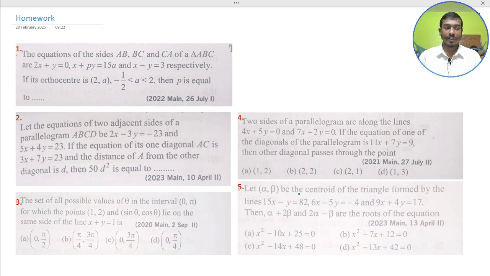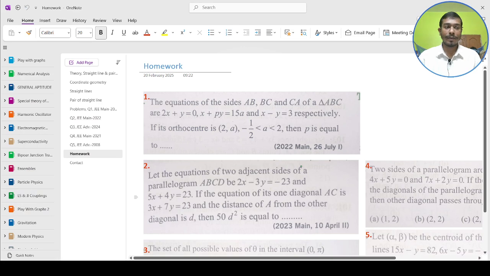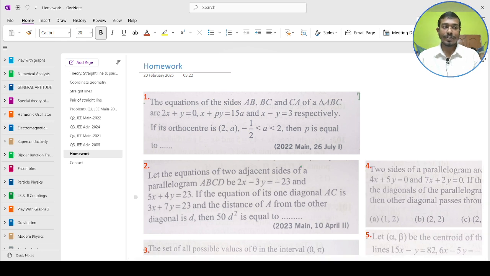Take a screenshot of these 5 problems, and after solving these 10 problems you will be able to solve all the previous year questions from this topic, straight lines, from JEE Main and Advanced.